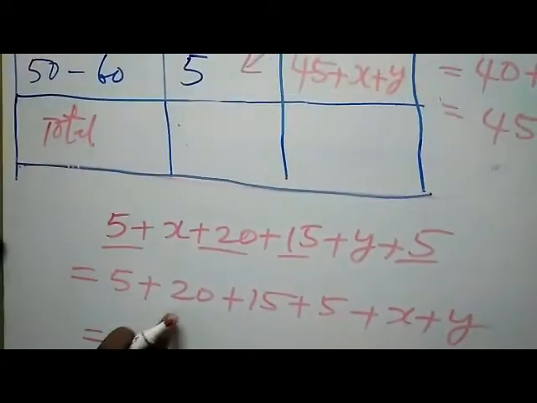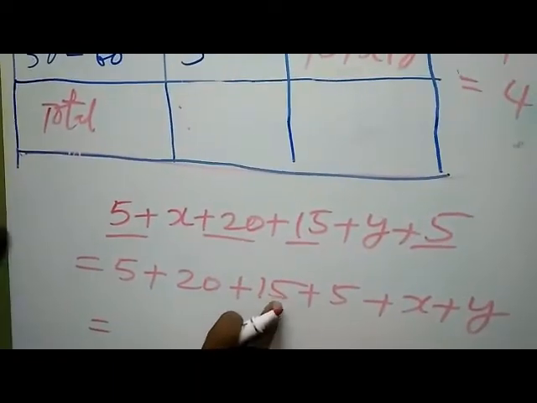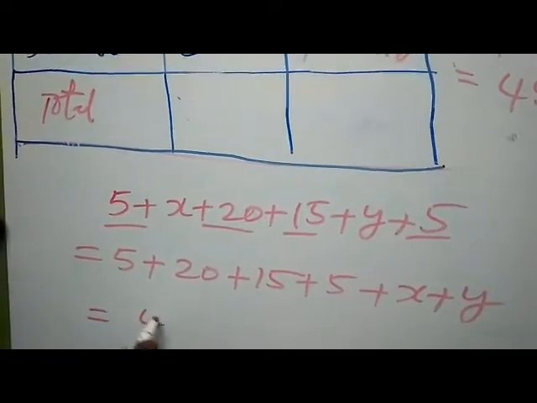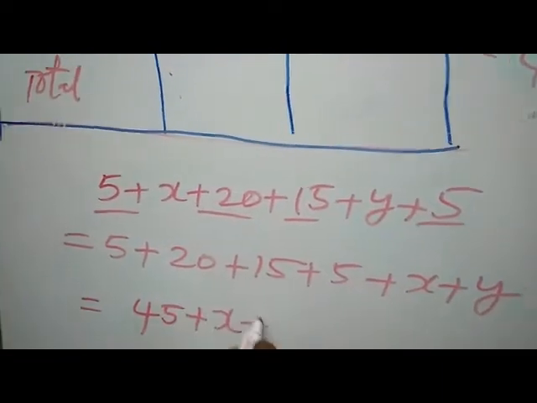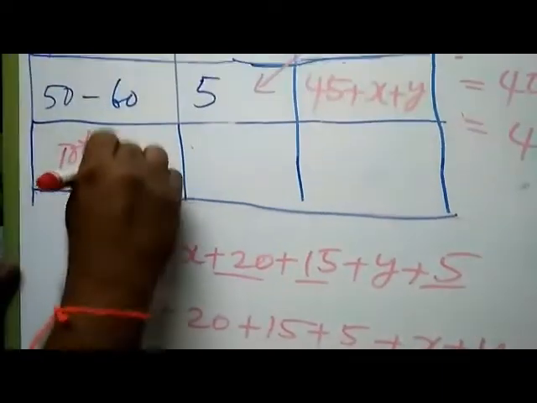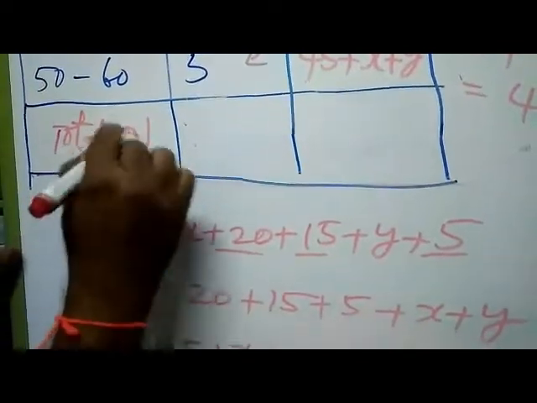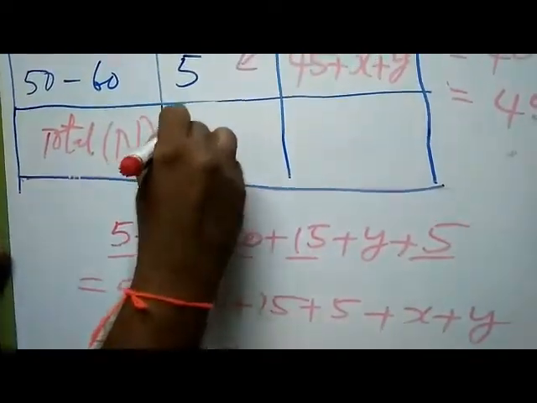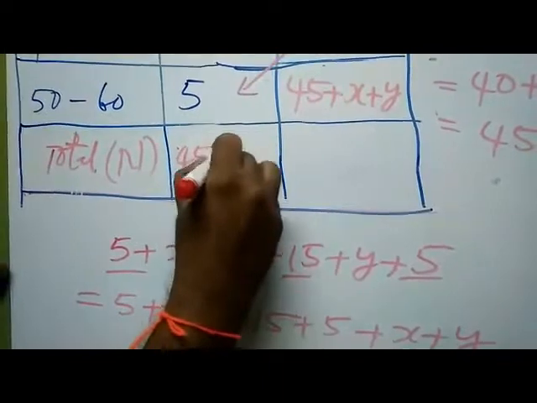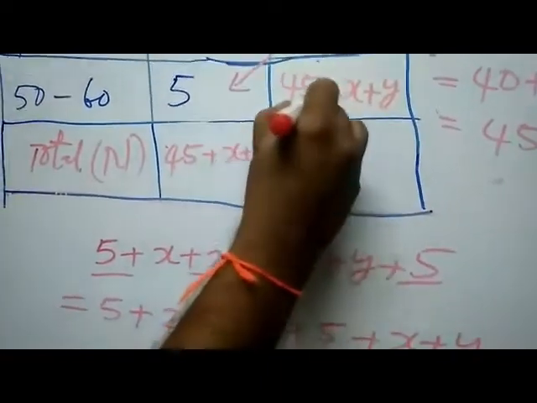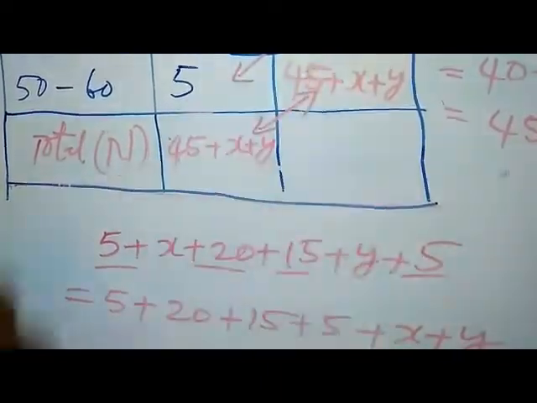So the sum of the observations n is 45 plus x plus y. These two should be equal, definitely.